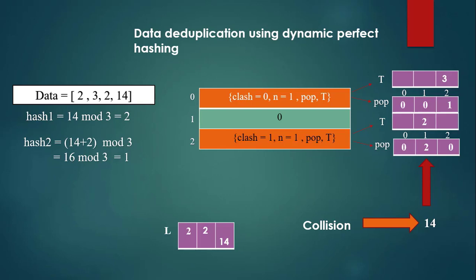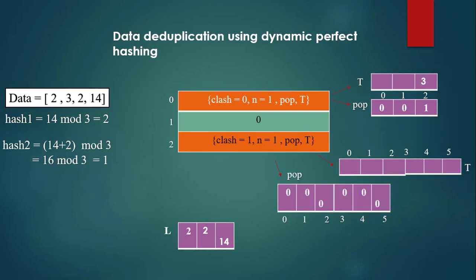So we are going to use a temporary array L, and put all the elements of T in L. There are two duplicates of 2 in the array T, so in L we will keep 2, 2, and our new data 14.